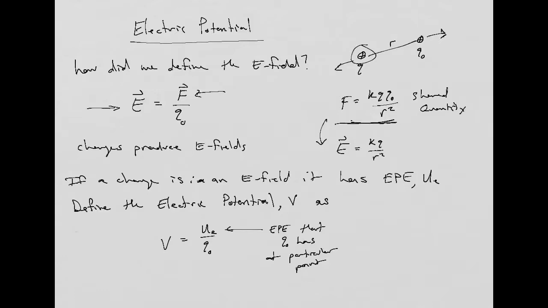And remember, let's say we had this same setup with Q and Q naught. Remember, UE is KQ Q naught over R. It's a shared quantity, just like the force that we plugged into the definition of electric field to get KQ over R squared.